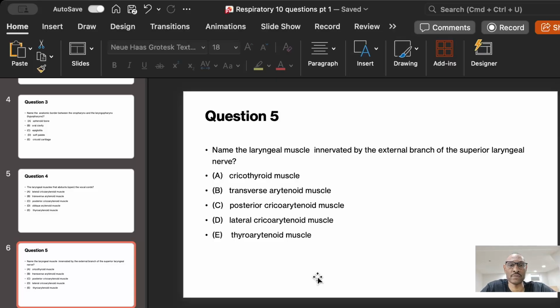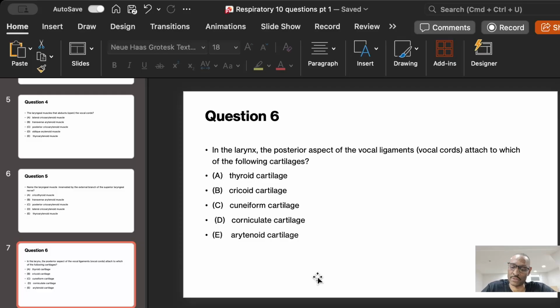Move on to question number 6. In the larynx, the posterior aspect of the vocal ligaments attached to which of the following cartilages? Okay. That's going to be this.